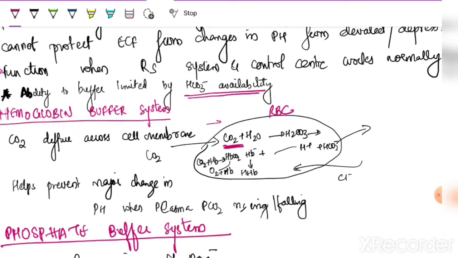This HCO3 minus moves out of the cell to the plasma, and at that time chloride will be shifted back into the cell.